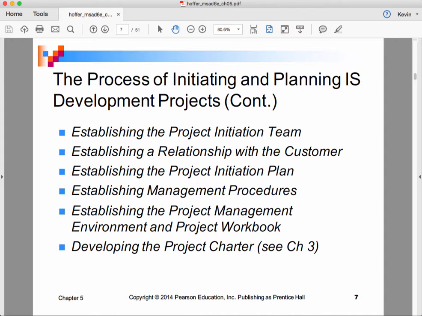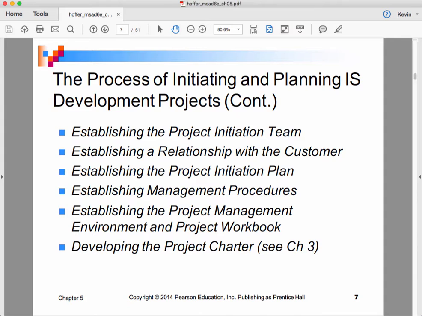So let's see. According to Hoffer and the co-authors, who really come from the traditional kind of waterfall methodology approach to projects, here are things that would have to go on at this point.